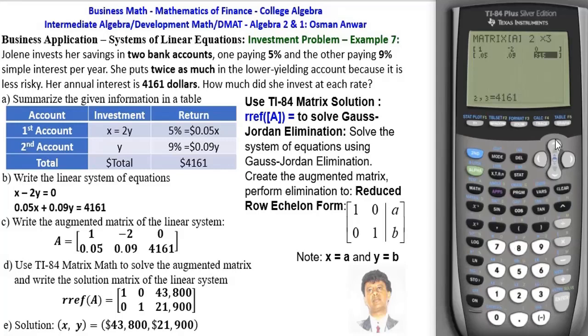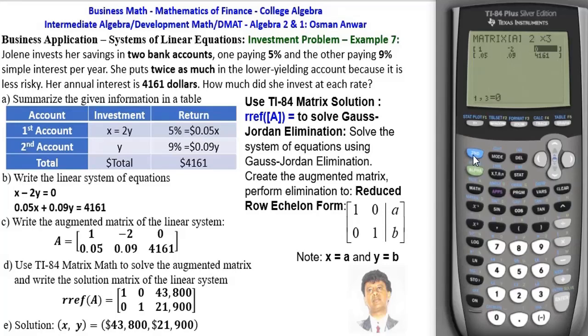Okay, so make sure your entries are correct. It is 1 and 0.05 for the x values. The y values are minus 2 and 0.09 augmented with 0 and 4,161.